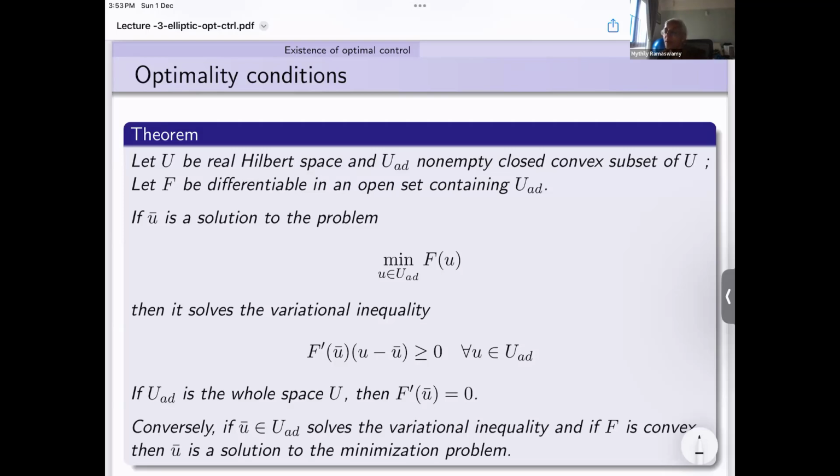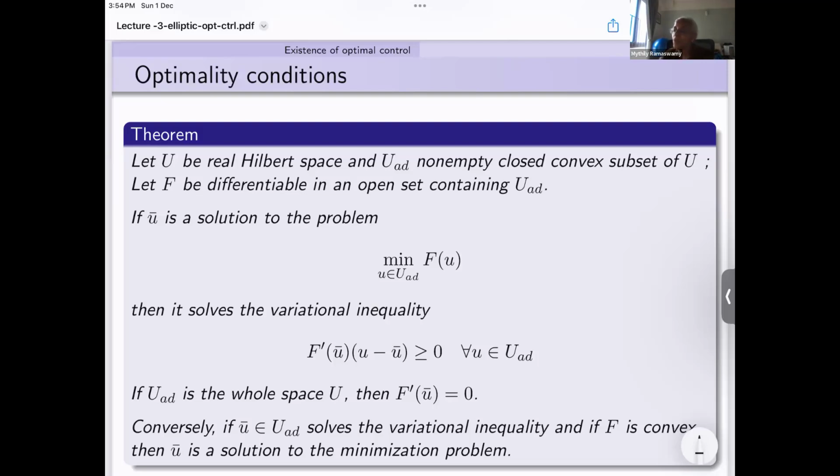F prime of u bar is now a linear operator, the Frechet derivative of the function capital F. So that will act on some vectors in U add, and then that will give me a number. Whereas in the finite dimensional example, both were R^m vectors, so I could write the R^m scalar product, and that gave me the number, and we concluded it is greater than or equal to 0.